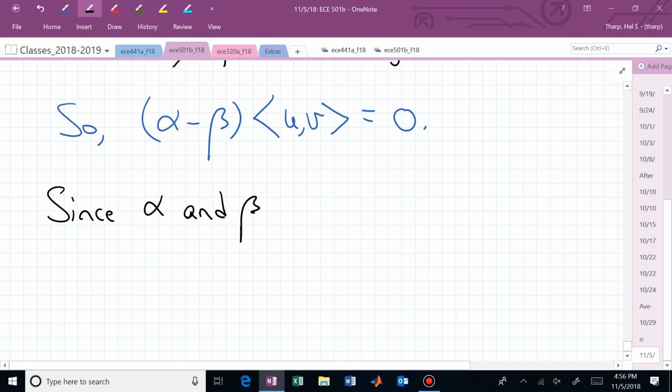They were distinct, weren't they? That's what I was assuming, and now their difference is obviously going to be something other than 0, so I know that alpha minus beta is not equal to 0, and the product of that with this other scalar, which is the inner product of u and v, is 0, so that forces the inner product of u with v to be 0.